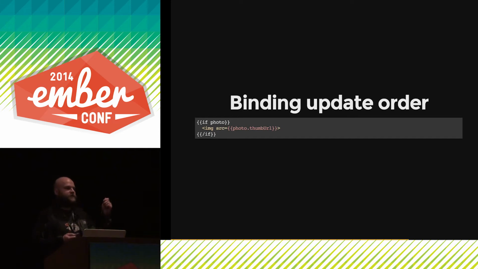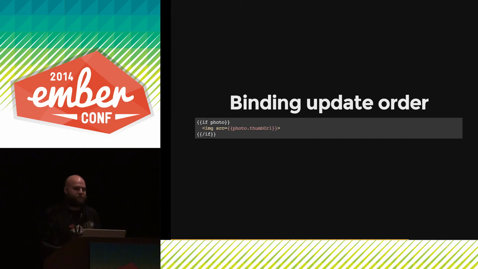And then we just say, OK, everything in that subtree doesn't need to be touched until we update photo. So if photo turns falsy, then we know we're going to destroy the DOM. But if photo just stays truthy, then we know we're going to just go and update the individual binding here in the Ember source.